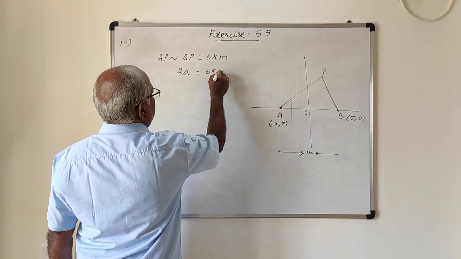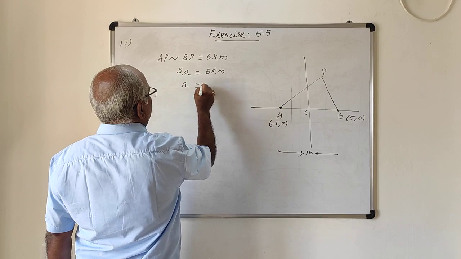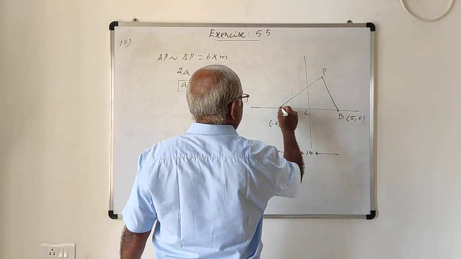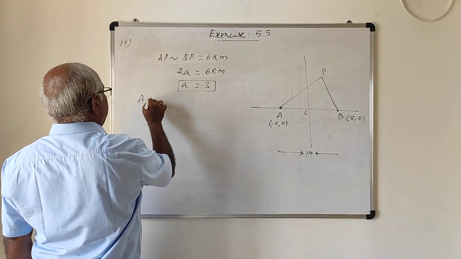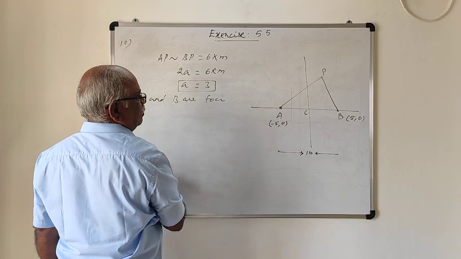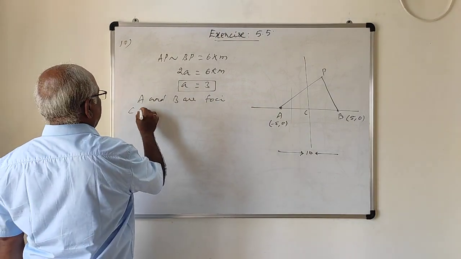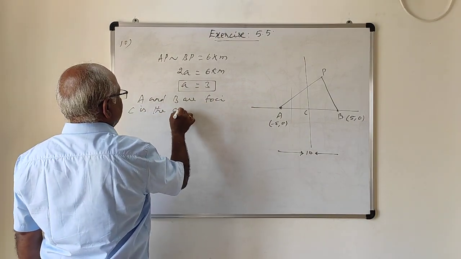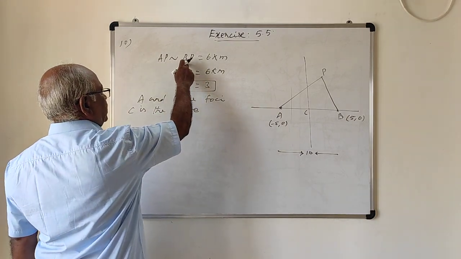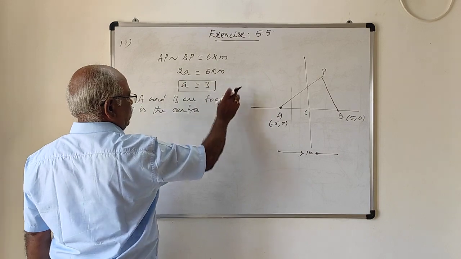A and B are foci of the hyperbola, and C is the center of the hyperbola. So 2a equal to 6 kilometers, a equal to 3.